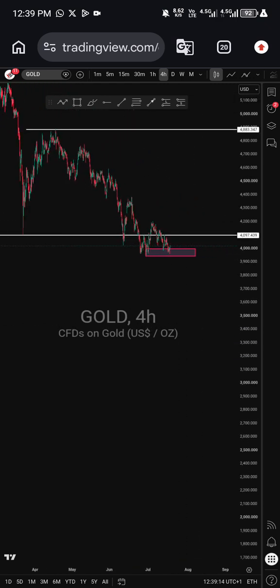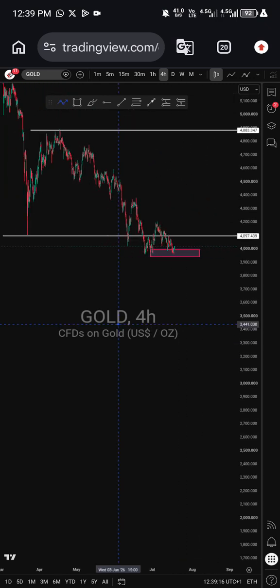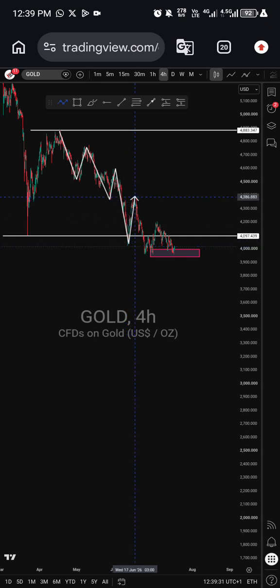See the markets still doing a continuation phase. Yes, continuation, continuation. Okay, it double bottom here.